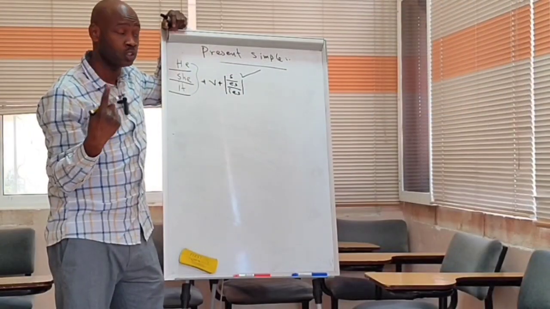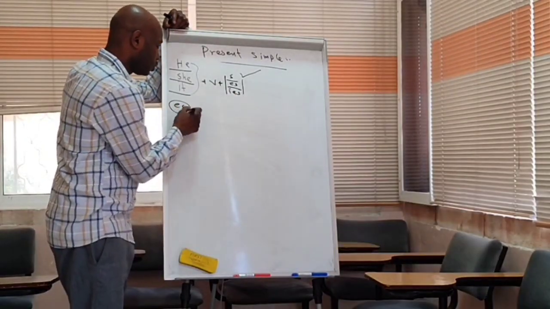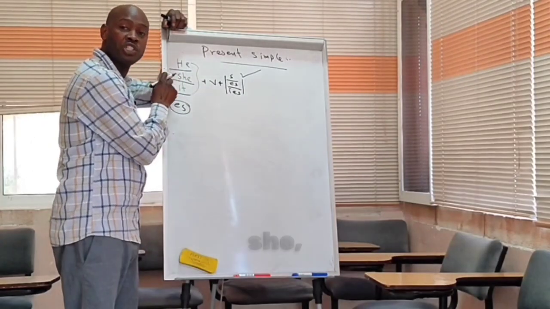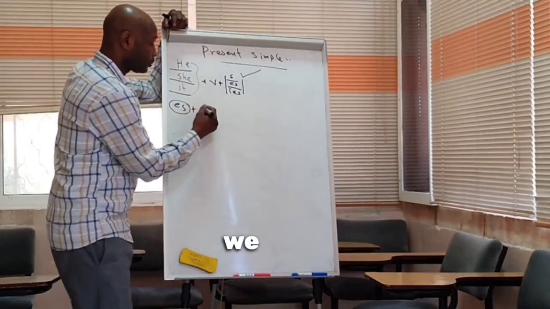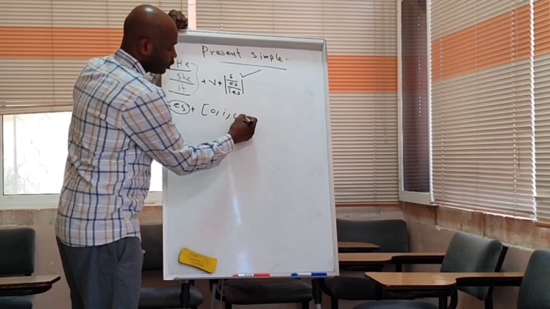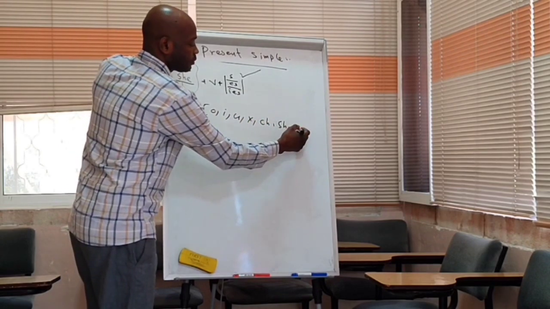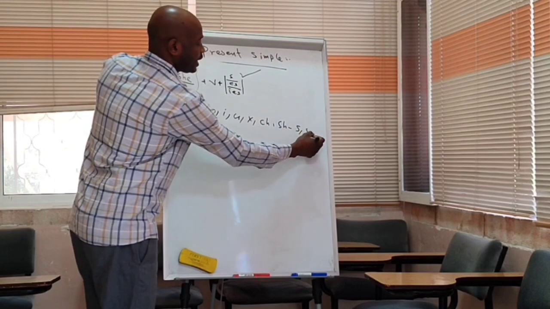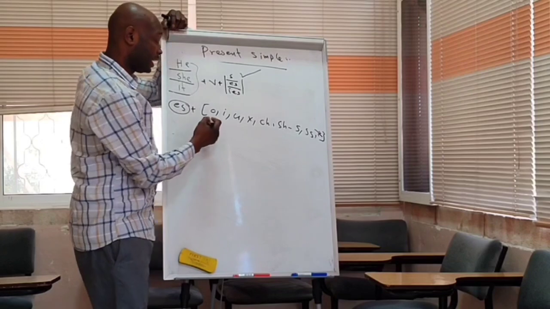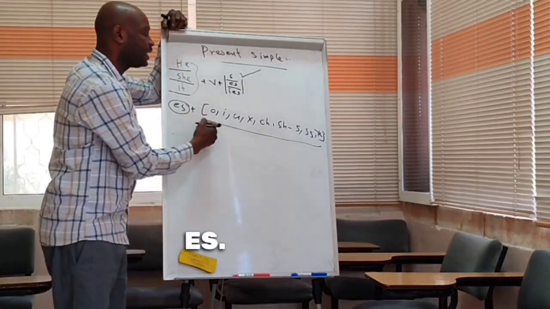So, when do we add ES? We add ES to the verb if the subject is he, she, it, and the verb ends with O, I, U, X, CH, SH, S, double S, or double Z. If the verb ends with one of those, we add ES.